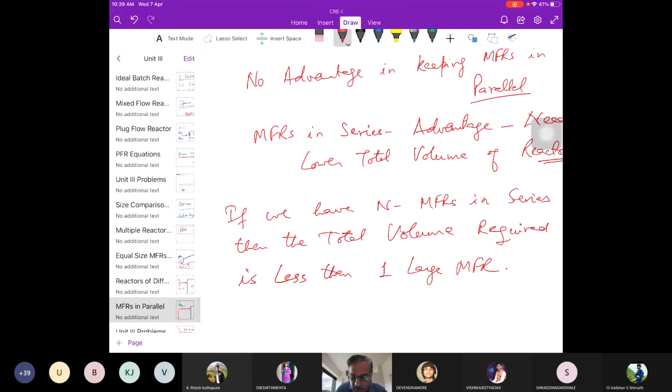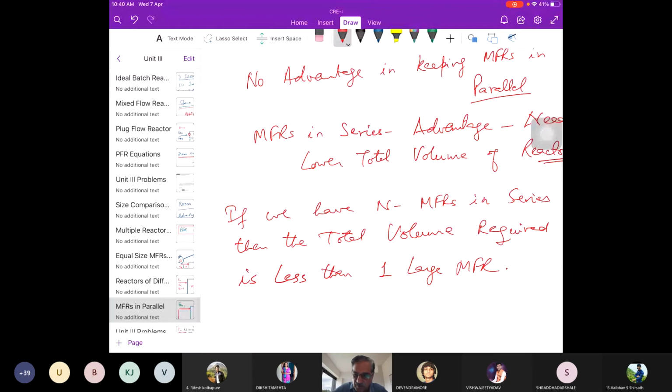So if I increase the number of reactors for the same conversion, always same conversion, because you want the same product, same flow rate, everything is same. You're just comparing whether I took one large MFR of 10,000 liters, or two MFRs, so what will be the total volume of both MFRs together? It is going to be less than 10,000 liters.